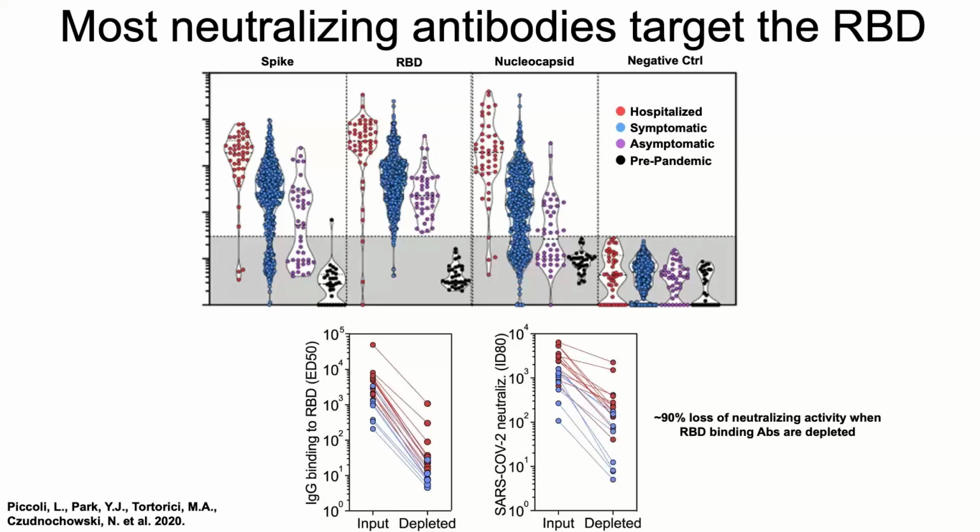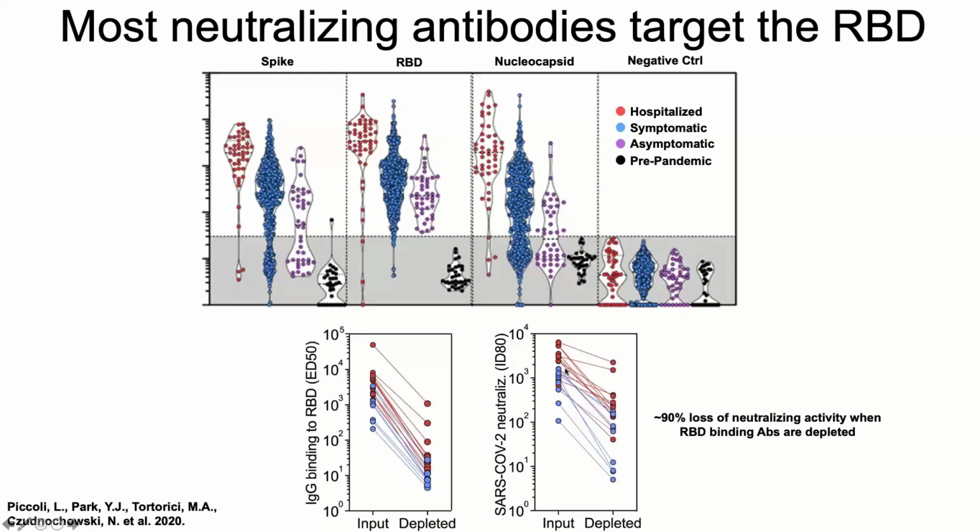If we deplete all or close to all antibodies that bind the receptor binding domain, previously we had a large number of antibodies binding to it. Following depletion, we've lost 100 or 1,000 fold of those antibodies that bind.